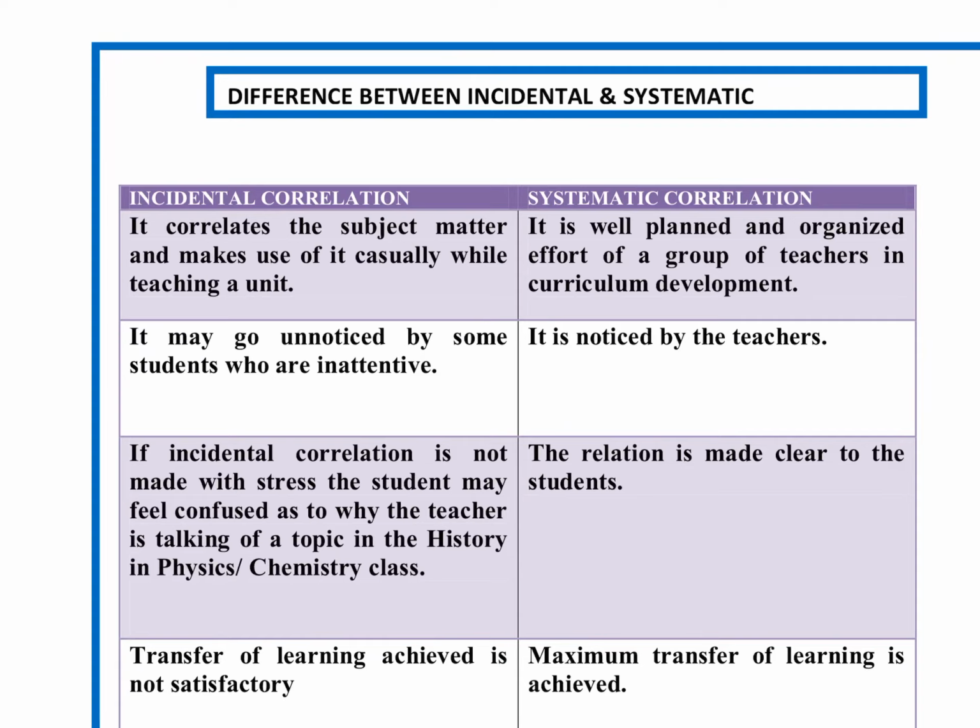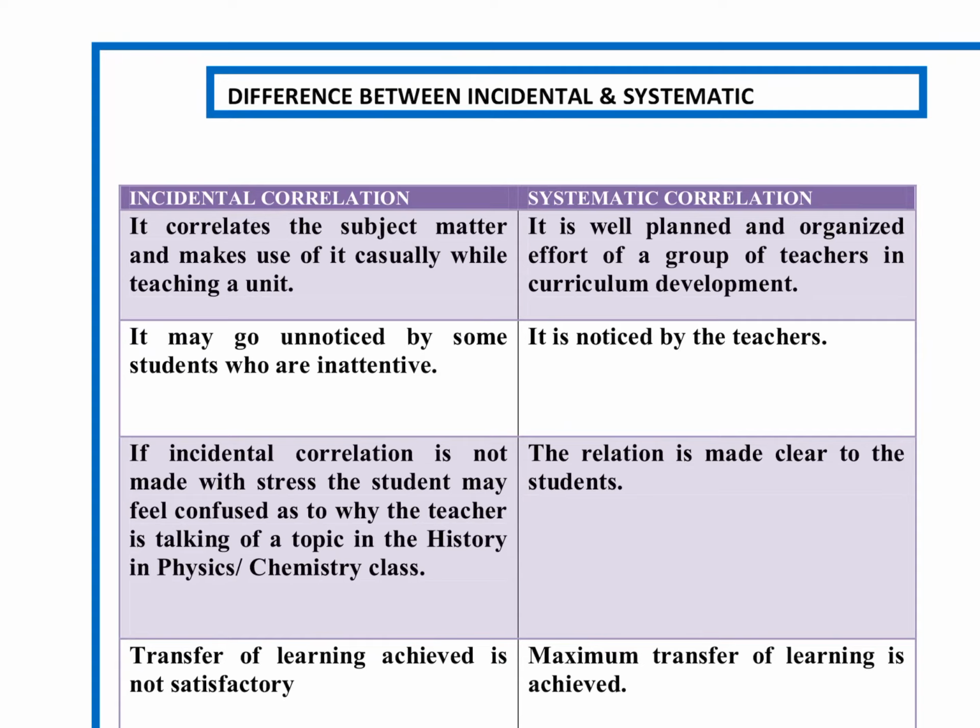It depends upon the teacher. Whereas systematic correlation is a very well planned and organized effort of a group of teachers in curriculum development, while making the curriculum itself. Actually, the teachers can also be part of the curriculum framers. So if we plan and organize at that time, systematic correlation can be easily practiced.